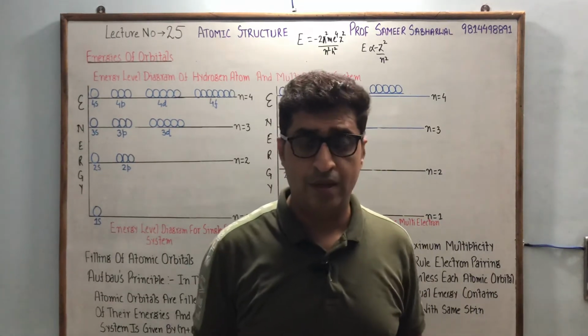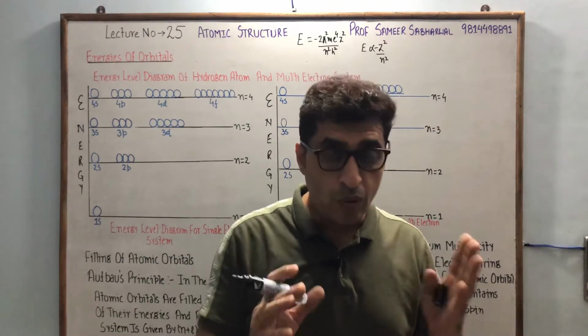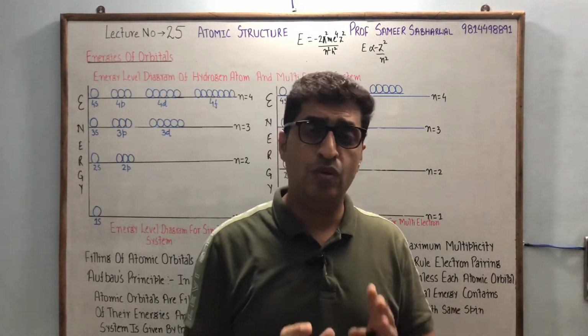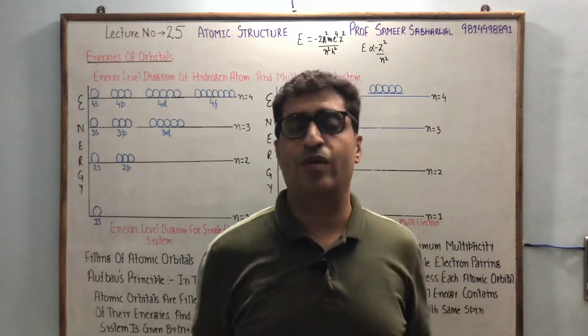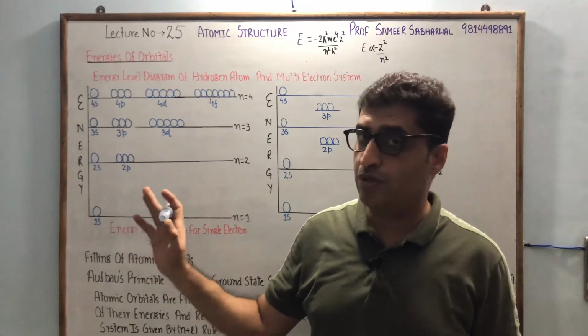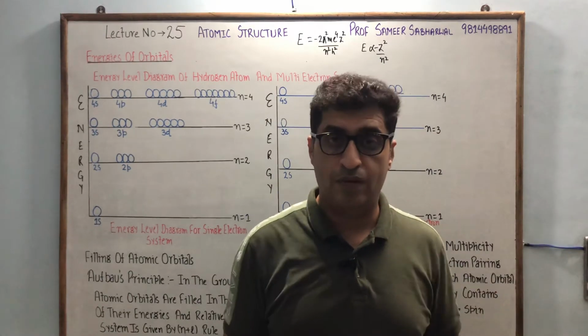Now if we consider the multi-electron system, the Bohr model was restricted only to single electron systems, and that model gave information about shells only. Fine. So this information is from the quantum model. Now in the case of a multi-electron system we have a number of electrons.